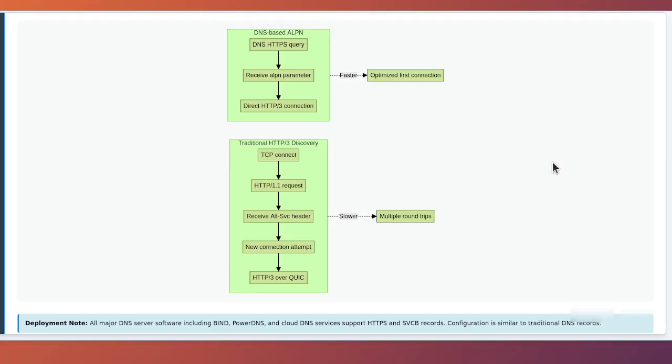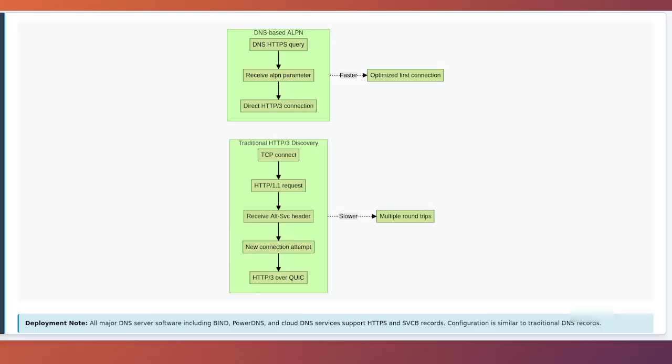Second, not all clients support HTTPS records yet. However, support is growing rapidly, with modern browsers and HTTP client libraries adding this functionality. Third, you need to ensure your DNS responses do not become too large. Very large DNS responses can cause issues, particularly over UDP. Each ALPN identifier and service parameter adds to the response size.